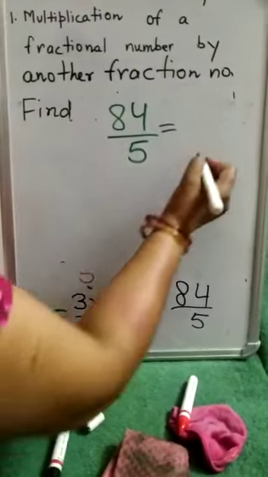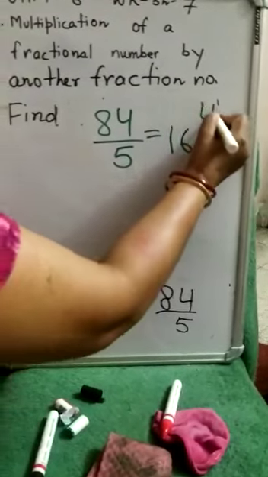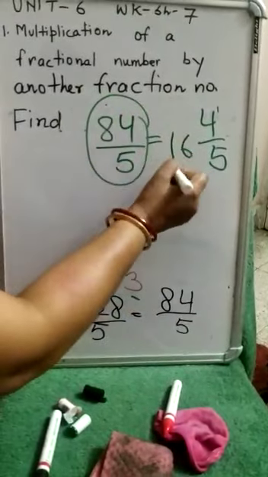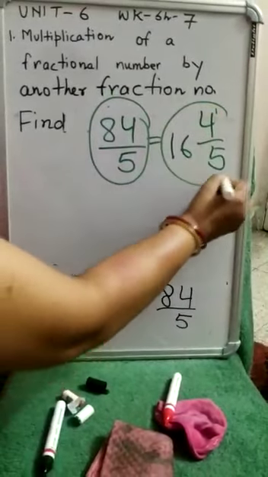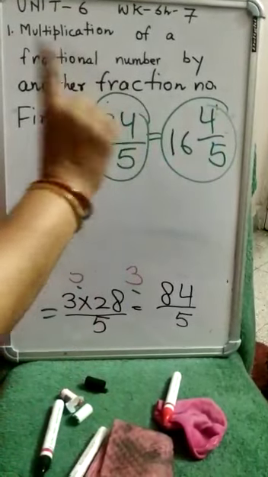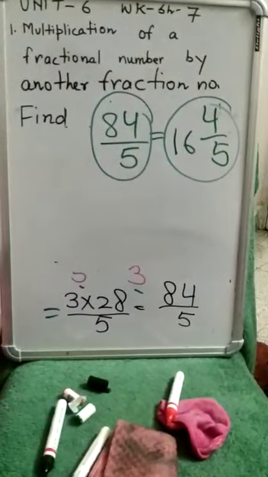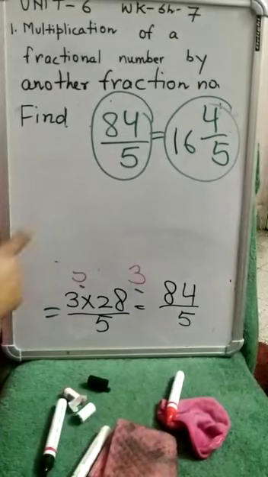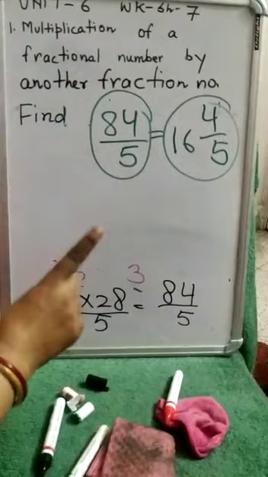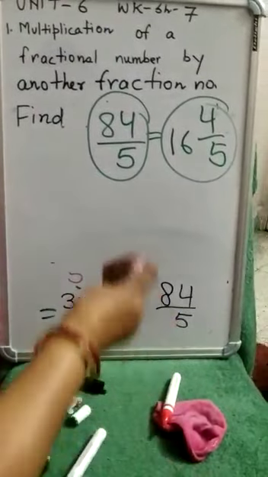Answer is 16 4 by 5. So here this improper fraction will be converted into the mixed number. When the result is an improper fraction, you have to convert it into mixed number. So in order to multiply the two fraction numbers, we have to multiply the numerator and denominator separately.